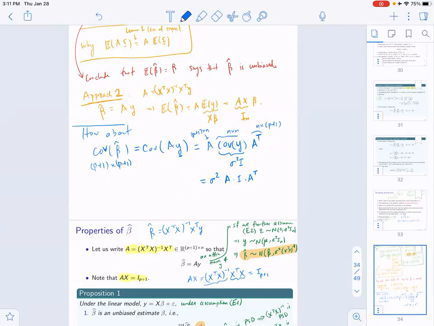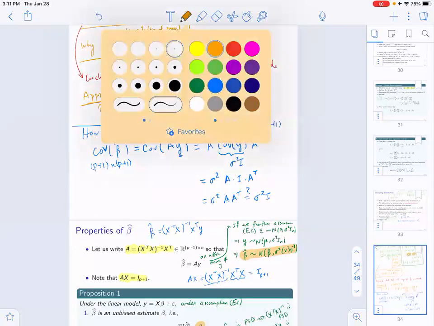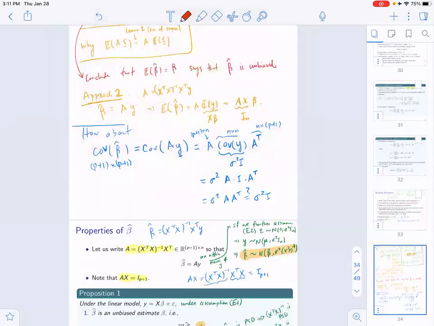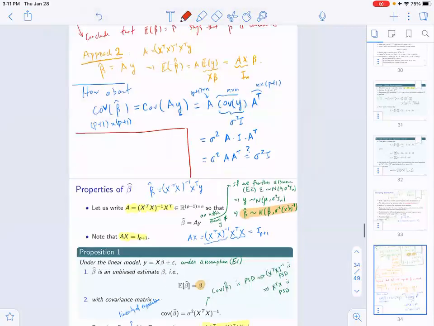And then A times A transpose will just be the identity. Not so fast. You wanted to say that this is the identity. It would be great if that's true, but this is debatable. So let's try to figure this out. Up to that point it's fine. This one last step we need to verify.